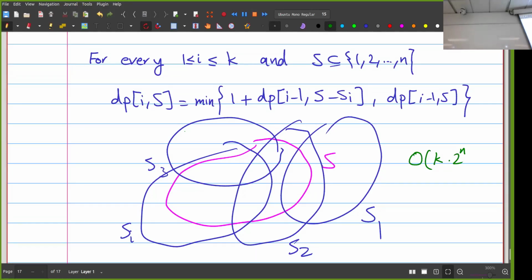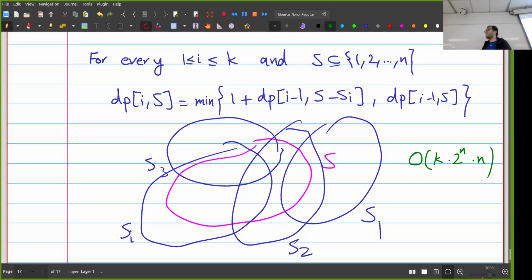Unfortunately, I have to find this set. I have to find S minus Si, right? So I have to take my set S and I have to remove everything in Si from it. So that's like a factor of n. So k times 2 to the power of n times n.